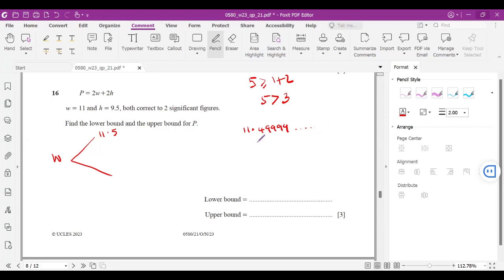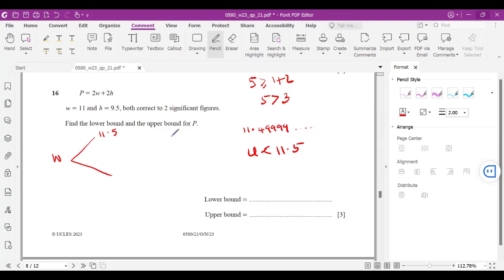But of course, writing it, if we write the upper bound, this upper bound is less than 11.5. So it's actually approaching it, very close to it.